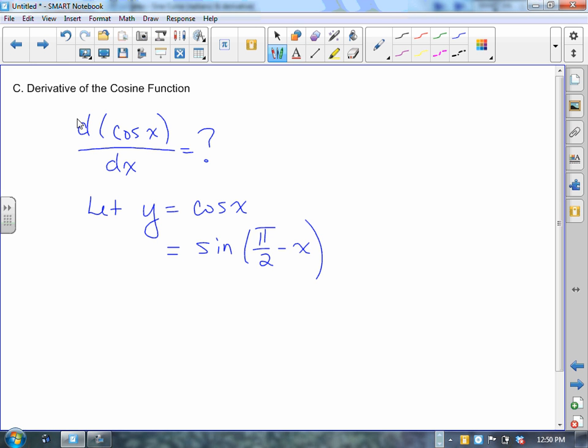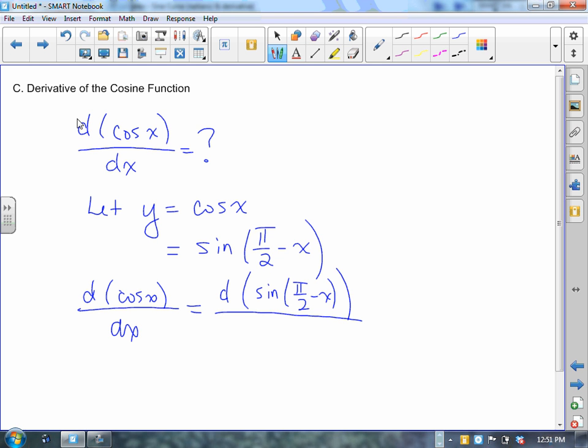In fact, when we go to write the derivative of the cosine function, what we're going to do is the following. Recall that we're going to take the derivative of the sine of pi over 2 minus x with respect to x, because that's exactly what cosine is equal to.